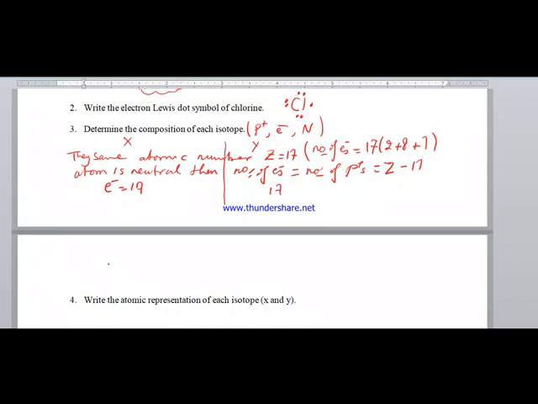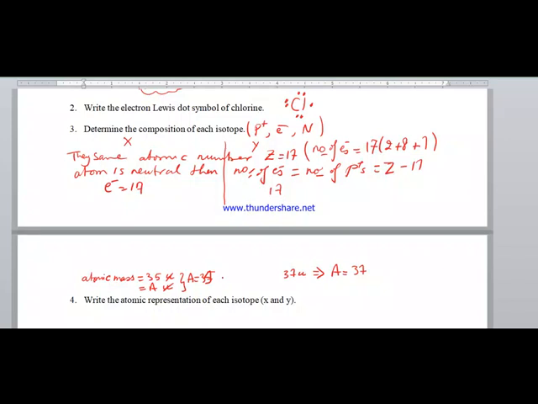To find the number of neutrons, we have the atomic mass equal to 35 U for one and 37 U for the other. As we said previously, the atomic mass is the mass number with unit U. So the mass number is 35 for the first isotope, and we can deduce that the mass number of the second isotope Y is 37.